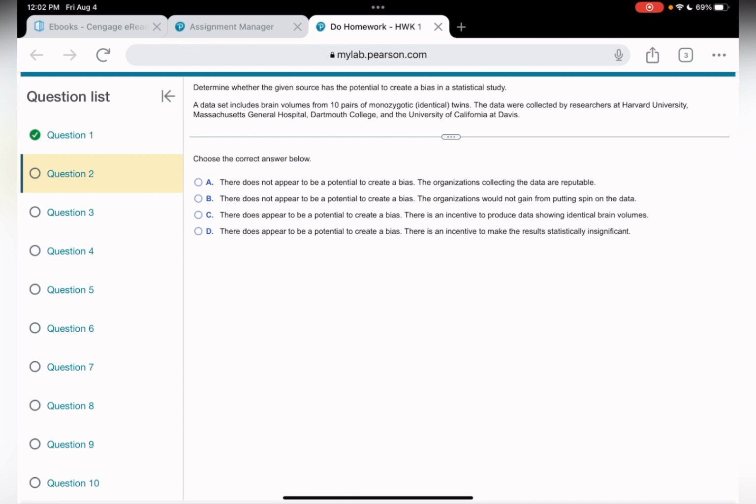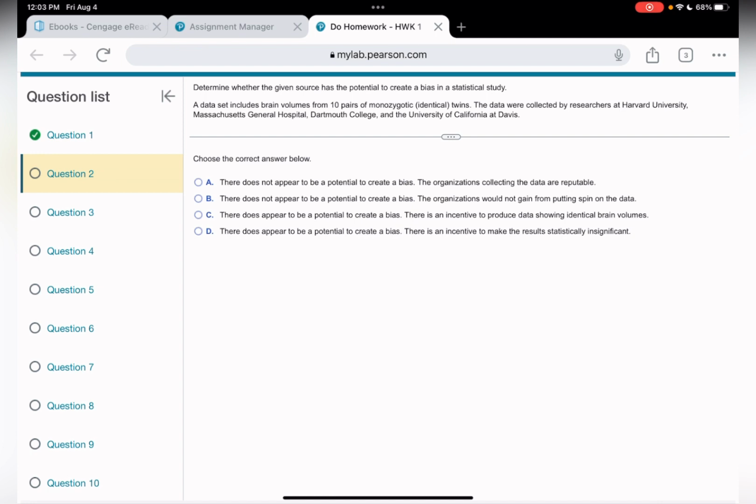If it were only one, well, somewhat, I don't know, it could be a chance. But then we have Harvard University, Massachusetts General Hospital, Dartmouth College, and the University of California. Four places where the statistical study was done.